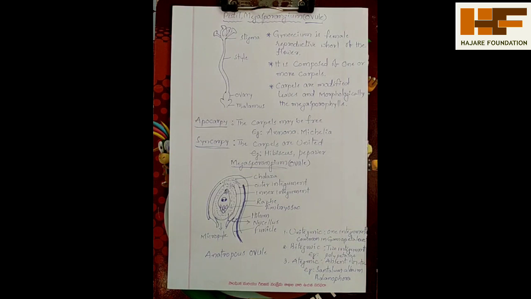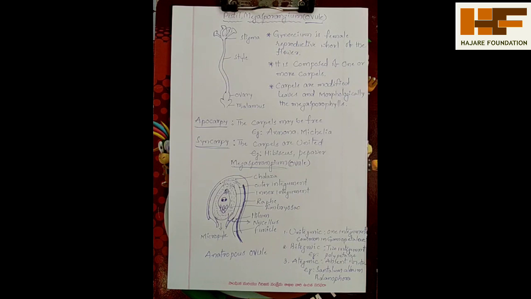Such ovules are common in the gamopetalae, like Helianthus and paddy. A single integument is present in such ovules. In bitegmic ovules, two integuments are present. The ovule is composed of two integuments.